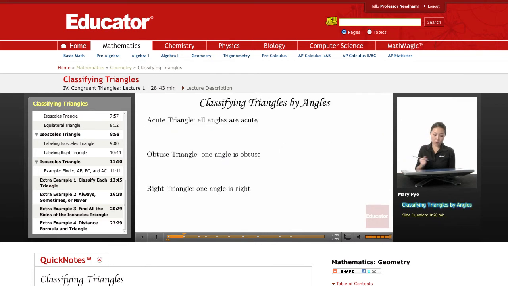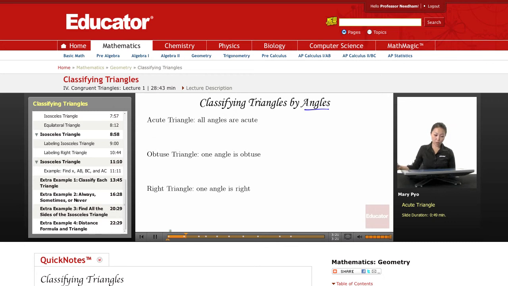So that's the triangle. Now to classify triangles, we can classify them in two ways, by its angles and by its sides. These are the ways we can classify the triangles by its angles, meaning based on the angles of the triangle, we have different names for them.